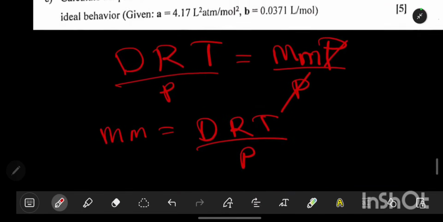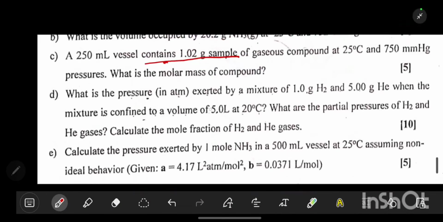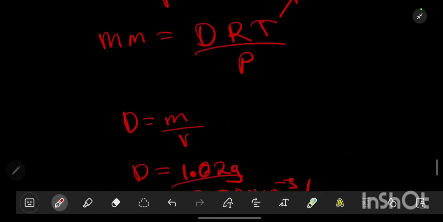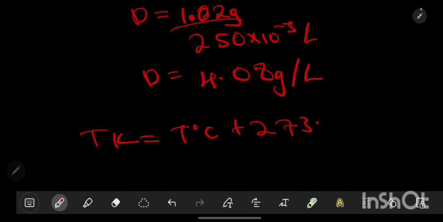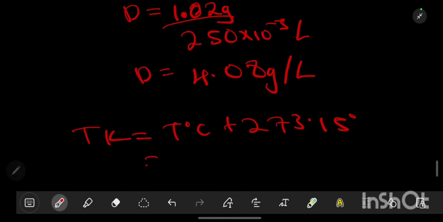Then all we have to do is, let's convert the temperature from degrees to kelvins. So the temperature is given as 25 degrees Celsius. So let's convert it. The temperature in Kelvin should be equal to temperature in degrees Celsius plus 273.15. So we have 25 degrees Celsius plus 273.15.